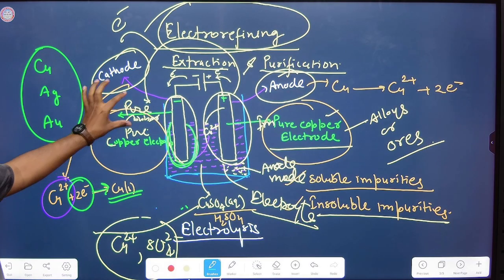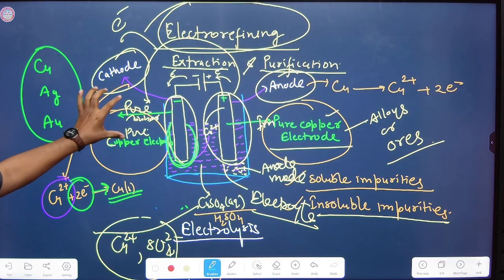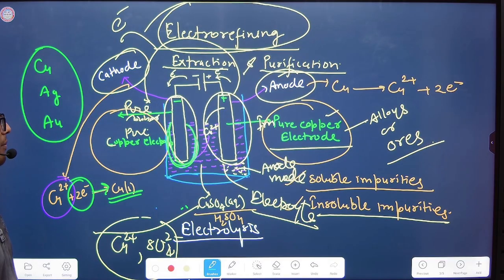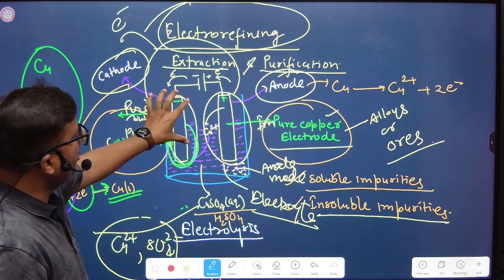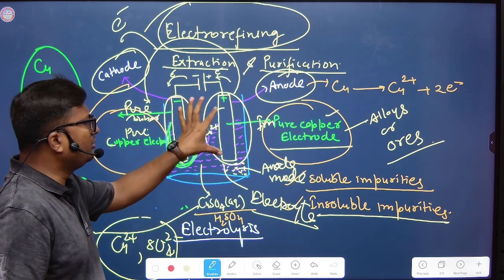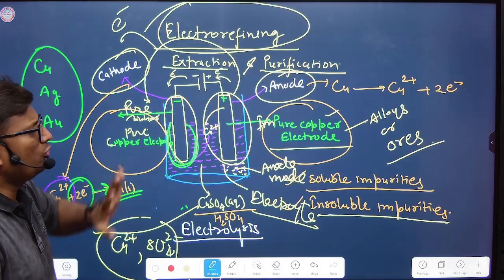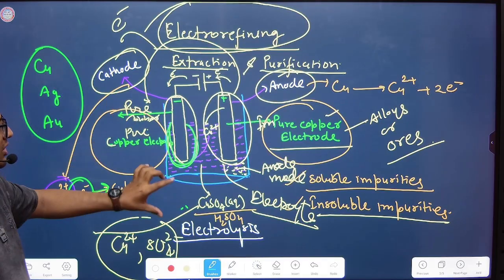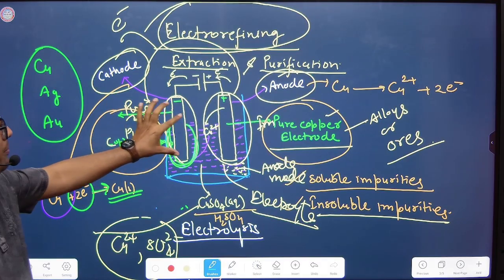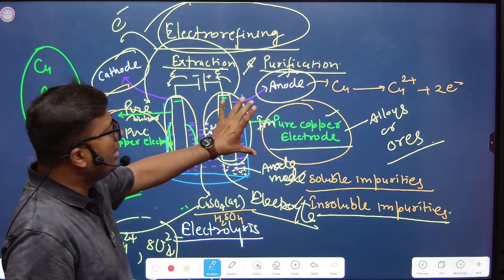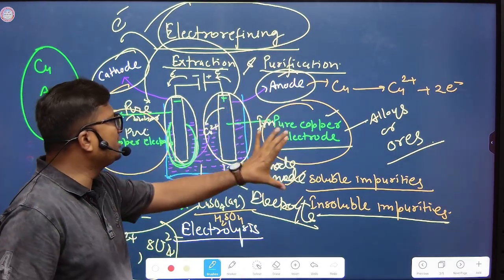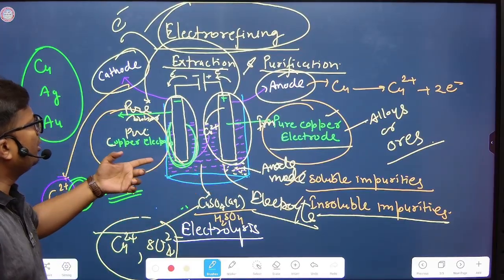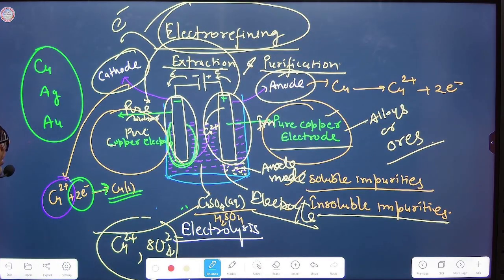This pure copper electrode will receive only pure copper, and that copper is actually coming from the impure anode electrodes. So in this way, the extraction of copper from impure copper electrodes or from alloys is done through electrolysis, right?